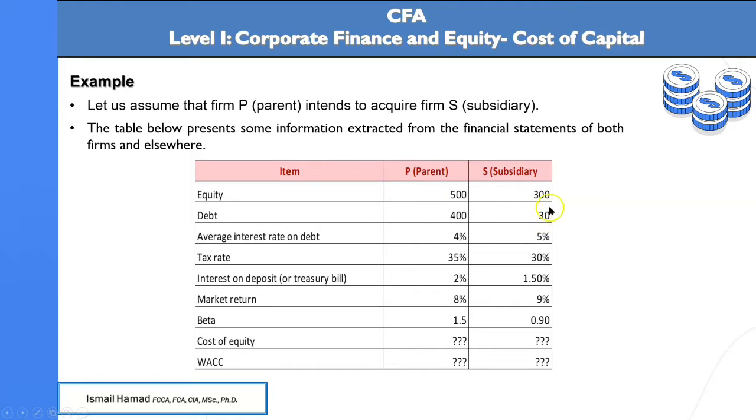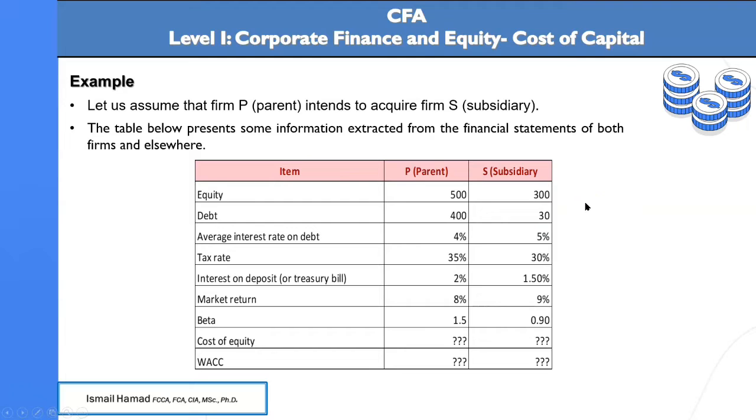That is a 10% debt to equity ratio here, and here it is an 80% debt to equity ratio. That means the parent company has a very high debt in its capital structure compared to the very low debt in the capital structure of the subsidiary.